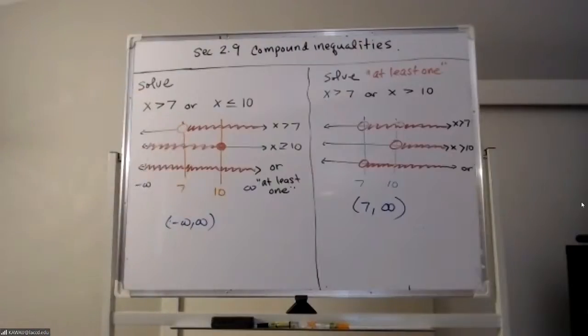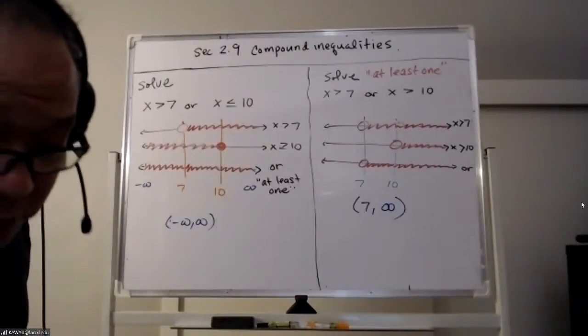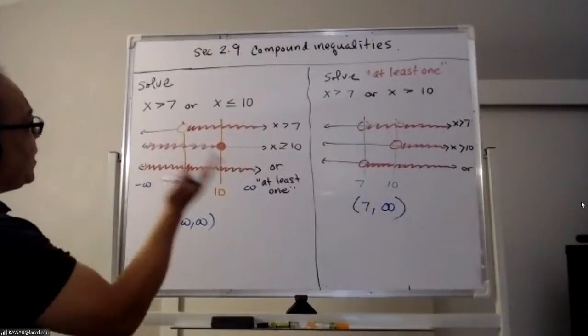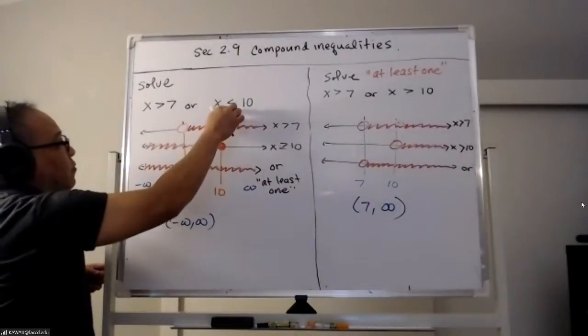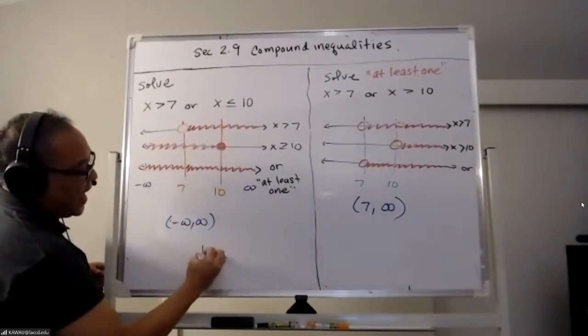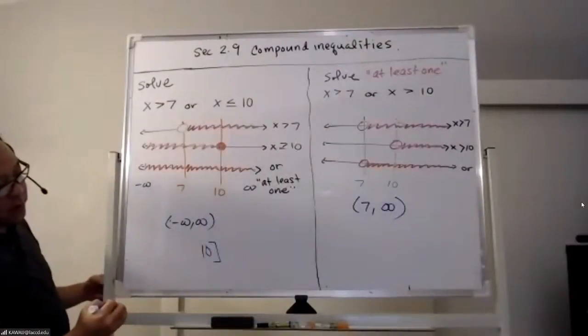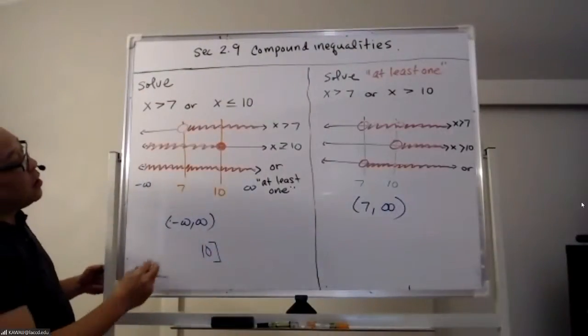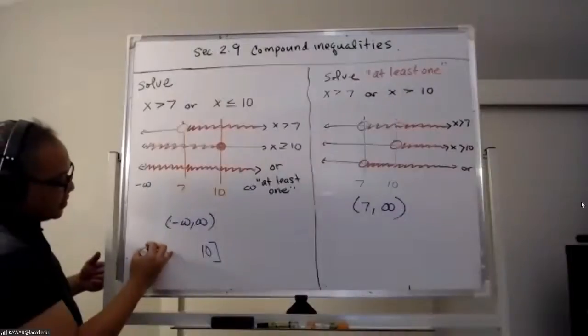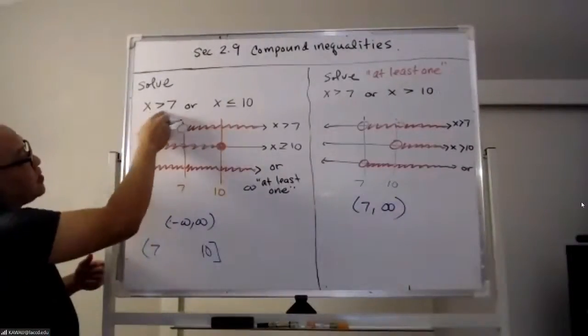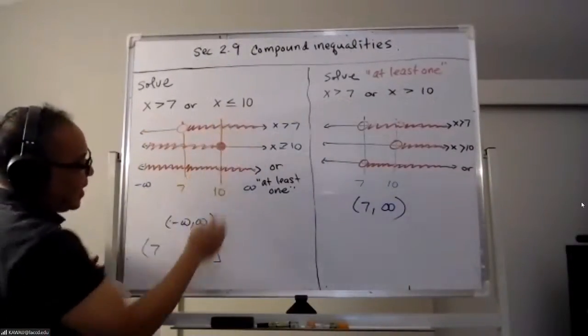Professor, would they both be parentheses, or would the right parentheses be a bracket because 10 is a solid? Okay, you're asking a really smart question. The only time you're going to get a bracket from here is if 10 is in the answer. So if 7 is in the answer, you'll always get a paren because there's no equal here. If 10 is in the answer, you'll get that.